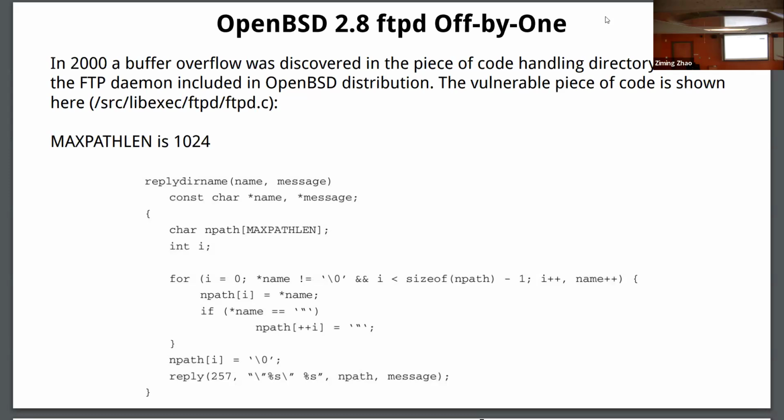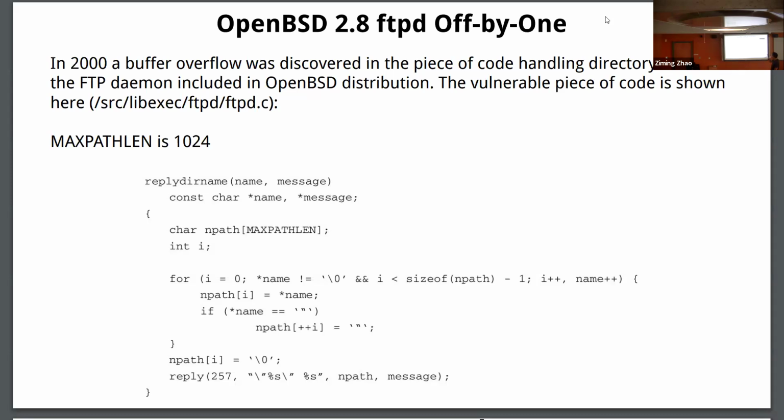This piece of code doesn't use strcpy, strcat, gets, fgets, memcpy, or those vulnerable functions. It's just basic C operations. It's just a for loop. However, there is still a vulnerability.